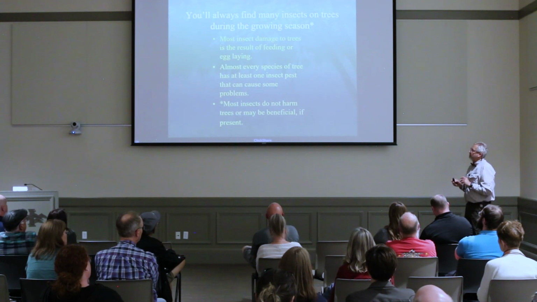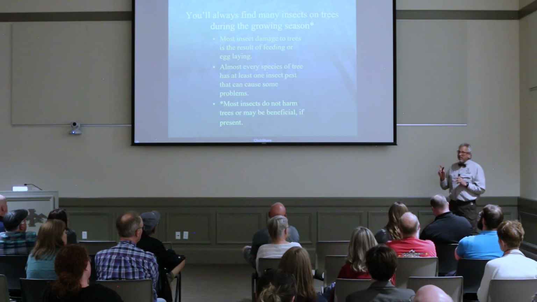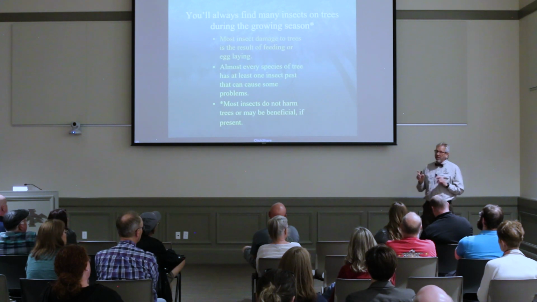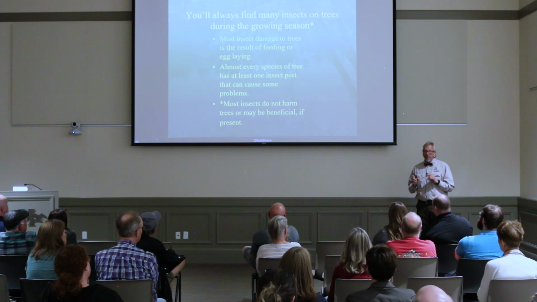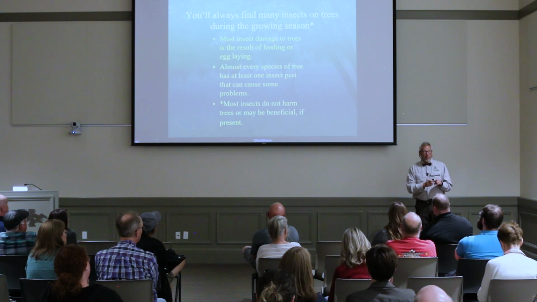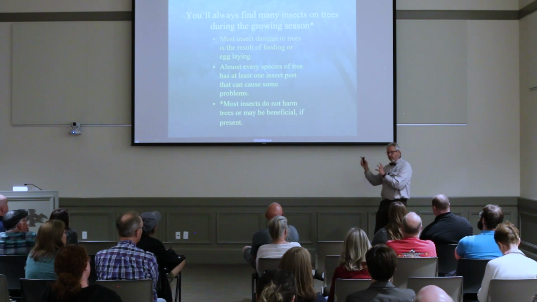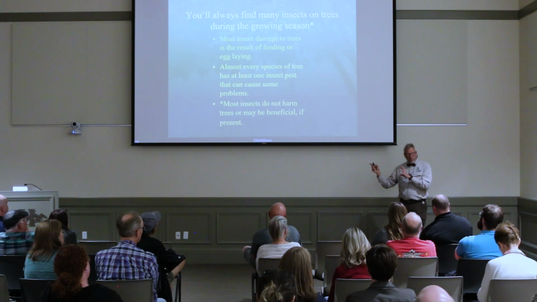Almost every species of tree has at least one insect pest that can cause significant problems. In the case of ash trees that Trent has mentioned, emerald ash borer is from Asia, and it's been imported to the United States.